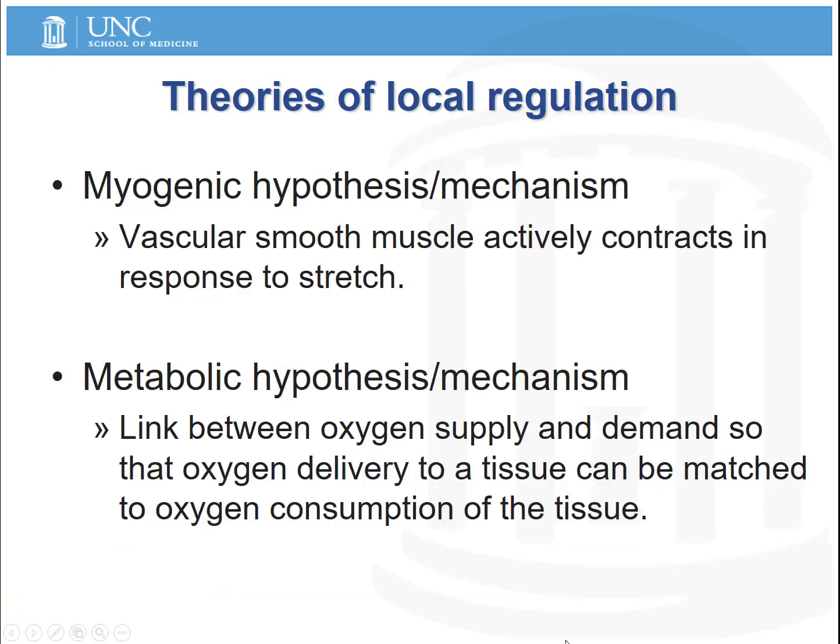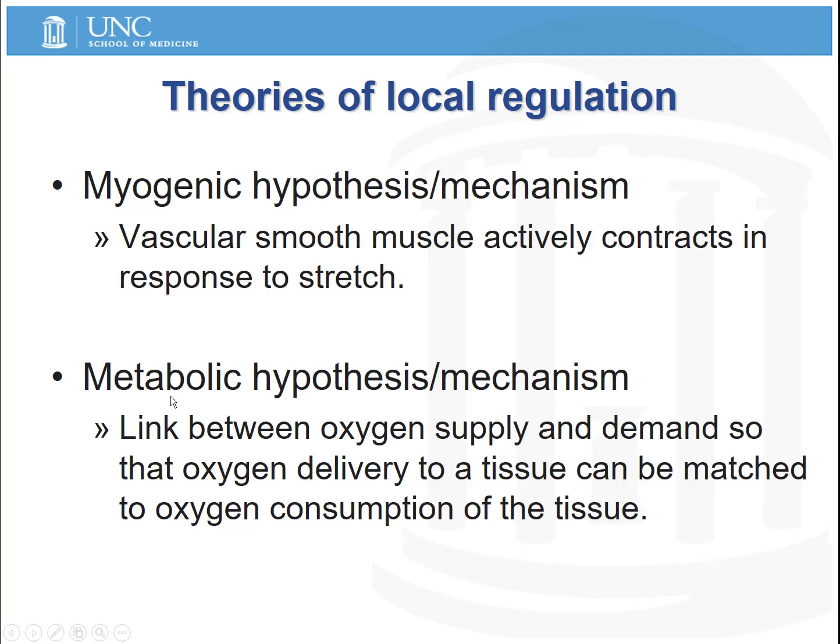And there are two main theories that explain this local autoregulation. One is the myogenic hypothesis or myogenic mechanism, which originates in vascular smooth muscle. It states that vascular smooth muscle actively contracts in response to stretch.